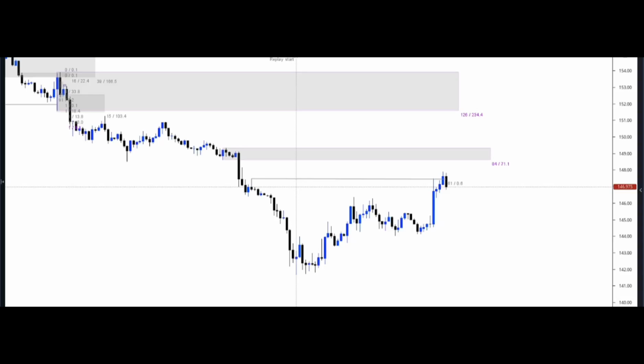Let's continue. Remember, your decisional is 50-50, low probability. We need lower time frame confirmation. So let's continue.